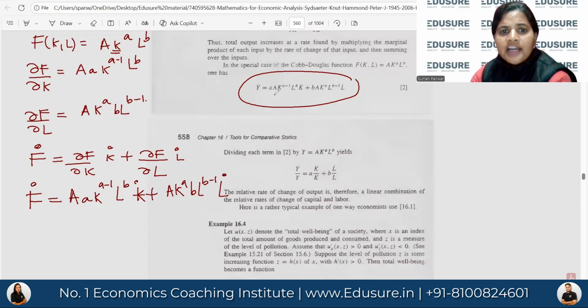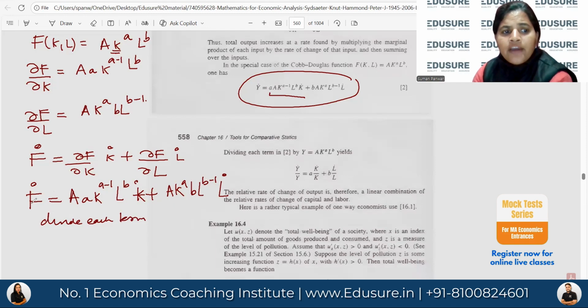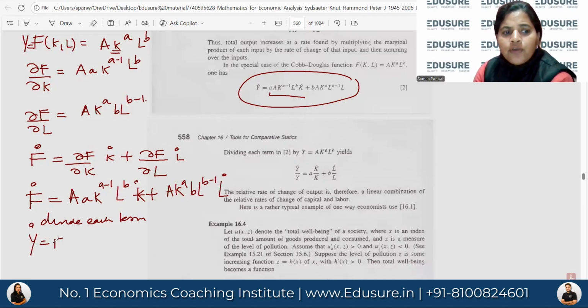Okay, so you can see that we have derived this particular condition. So f dot is nothing but y dot also, since my function was y, the production function. So my y dot is equal to f dot is equal to this particular thing.